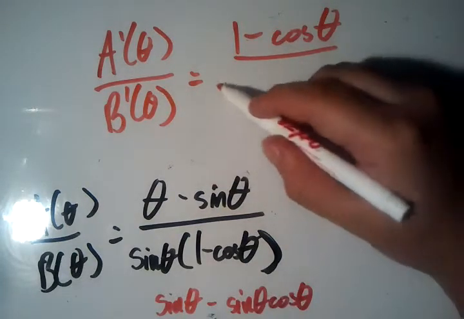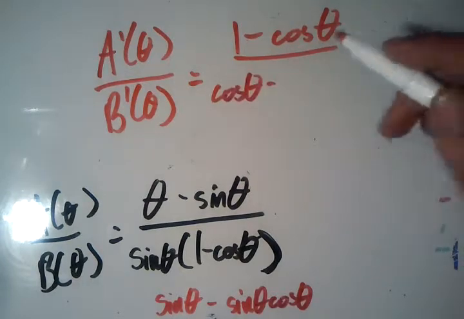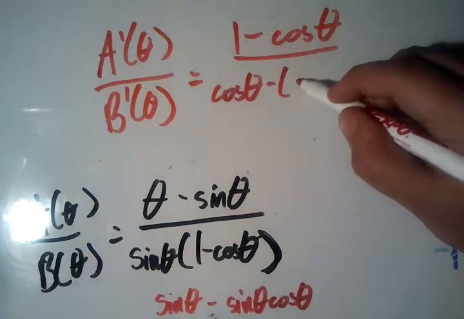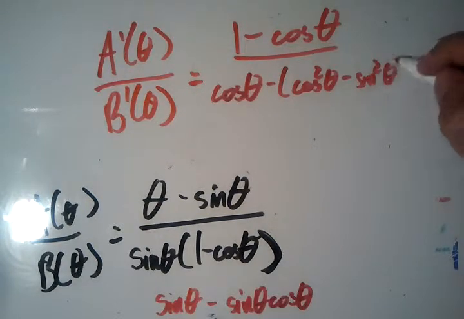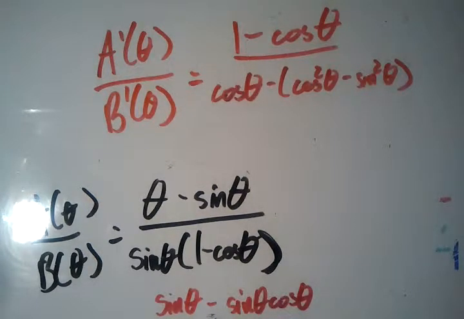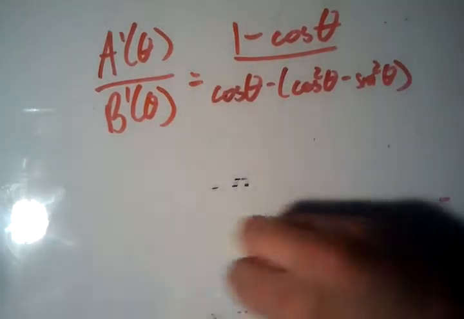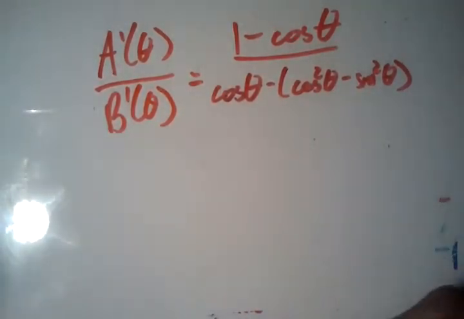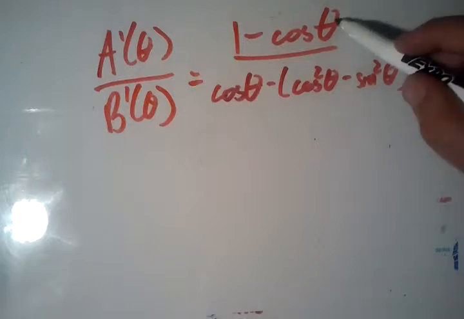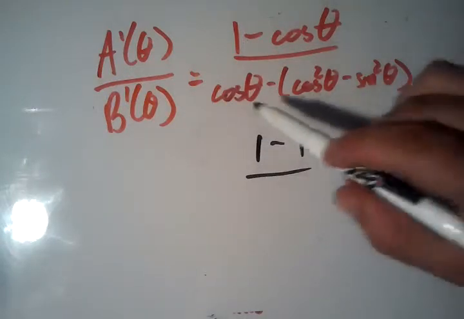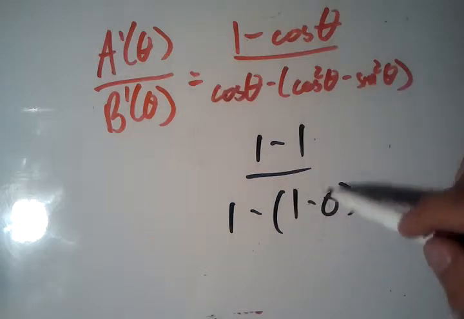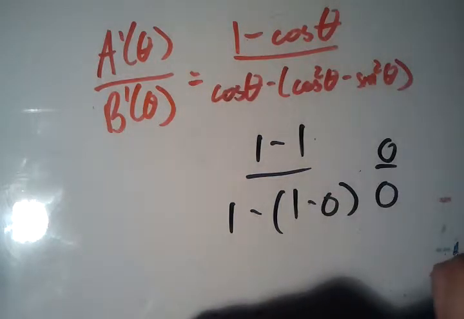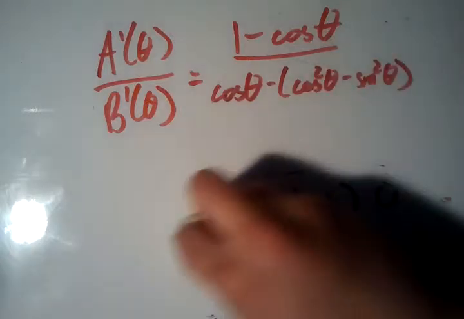So we're going to get cosine theta minus, it's going to be cosine squared theta minus sine squared theta. So now that we have that, we can erase this. And if we try to take that limit, if we plug 0 into here, we get 1 minus cosine theta is 1 minus 1, that's still 0 over 0, which is an indeterminate form, so we can't use that either.